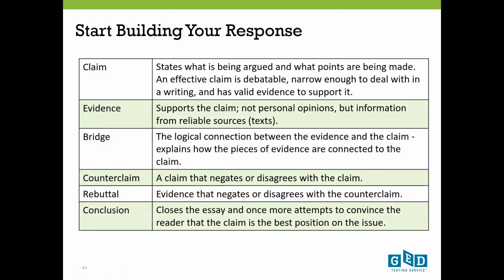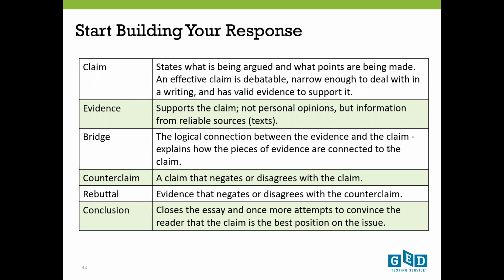And once you have that claim, then the rest of it can flow from there. So what we want to look at for students is that they have their claim, they include their evidence, and we call it a bridge, but it's really a connection, so that you're not just saying this is because, and then listing a bunch of things, but connecting those individual pieces.